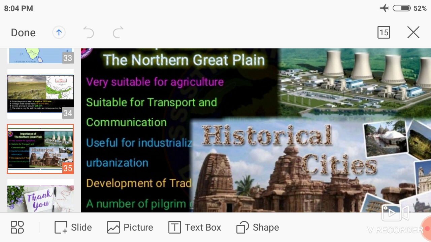The first point: this land is very suitable for agriculture and irrigation.